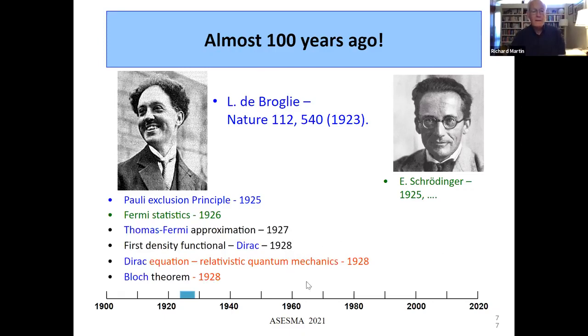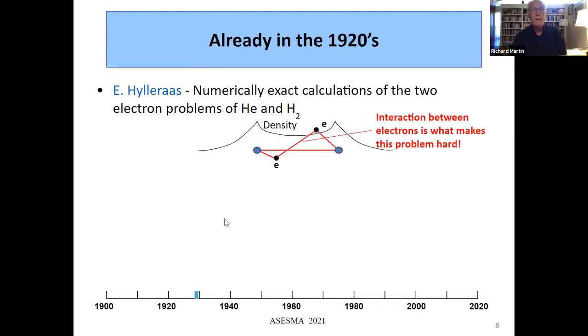By 1928, the full relativistic quantum mechanics was worked out, just the form that we use it today. The first density functional was proposed by Dirac in 1928. And of course, the Thomas-Fermi approximation, it's rather crude in many ways, but it was a density functional approximation. And the Bloch theorem for states in crystals was already in 1928.